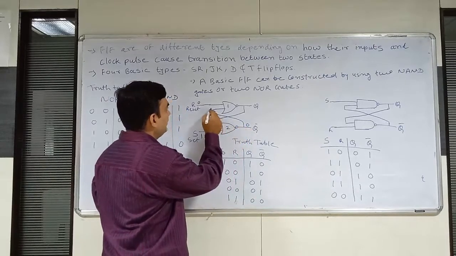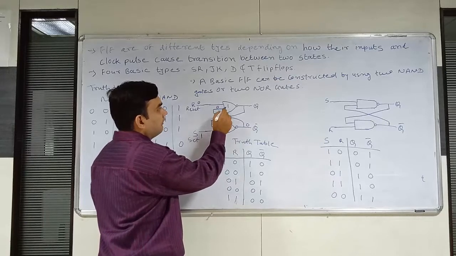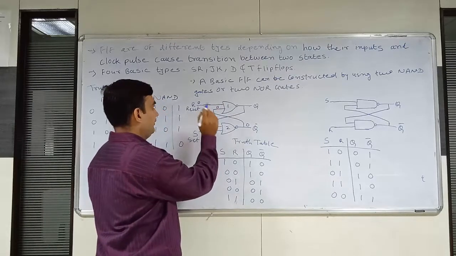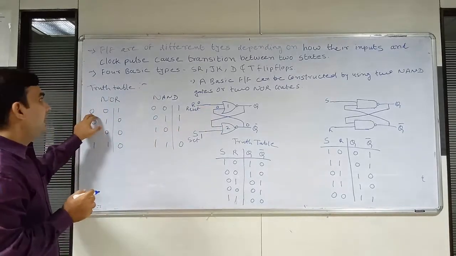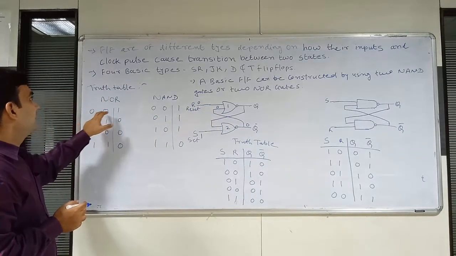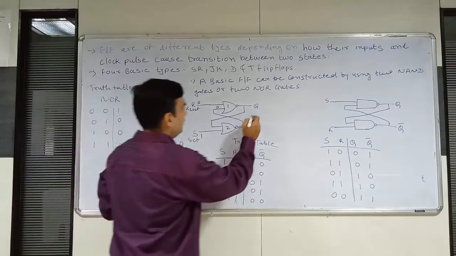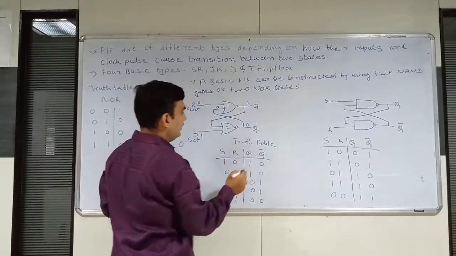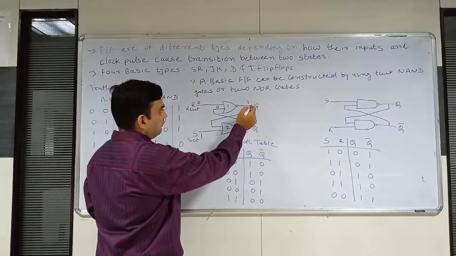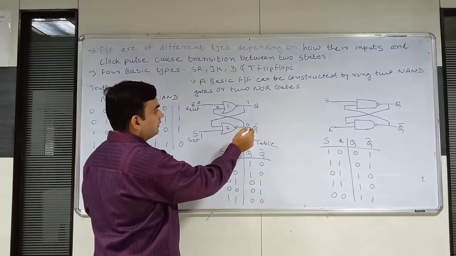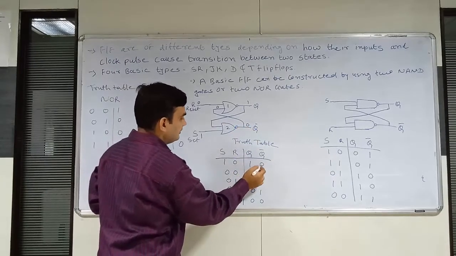This 0 will come to the input of NOR gate 1. So 0 and 0: when both inputs are 0 or low, the output of the NOR gate will be 1. So here we got output Q equal to 1 and its inverse Q bar equal to 0. You can see here 1 and 0.